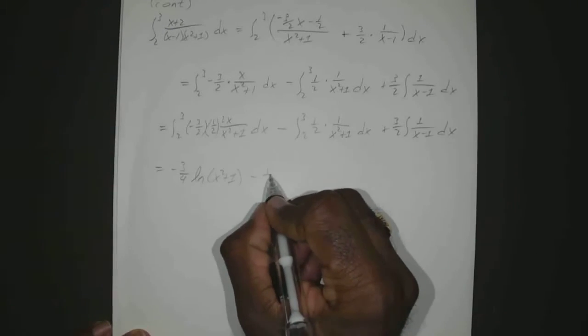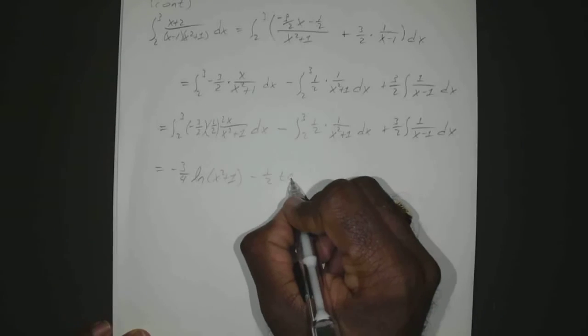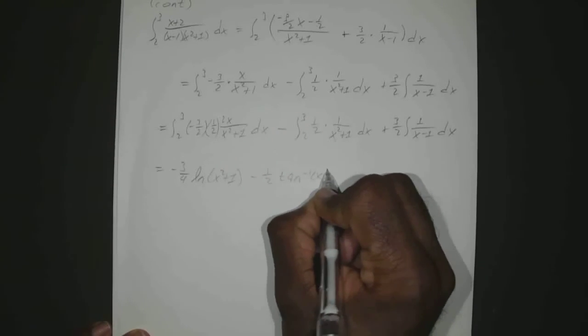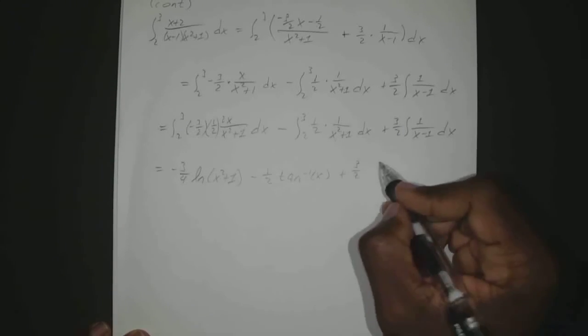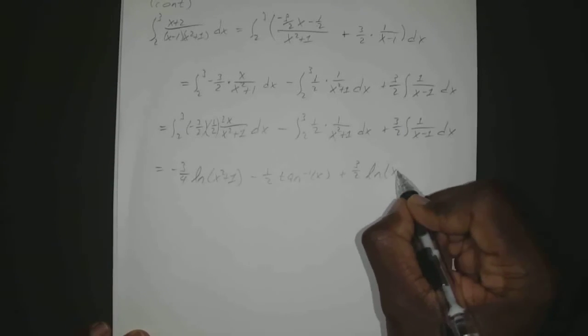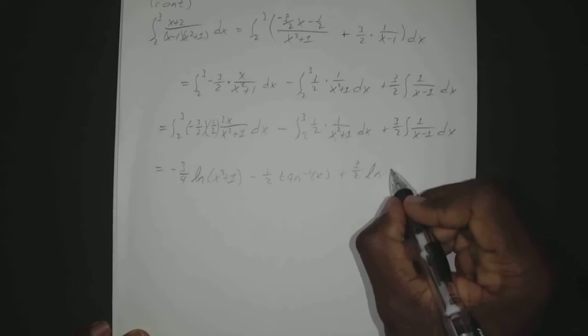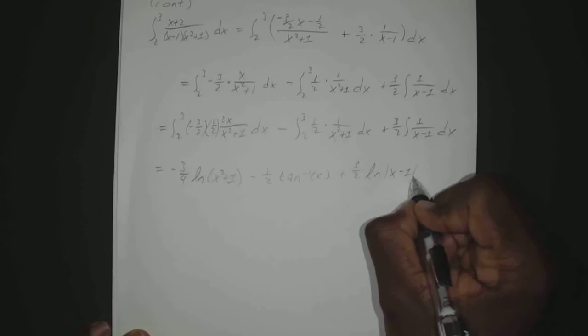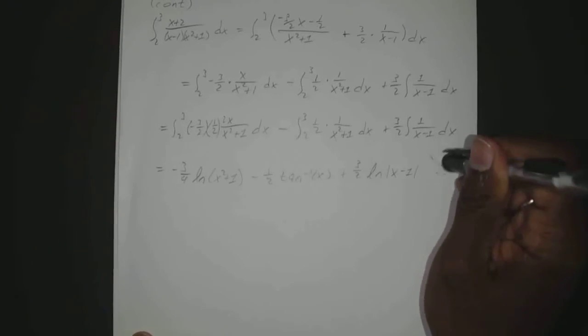Minus 1/2 tangent inverse of x, plus 3 over 2 natural log of absolute value of x minus 1, which you do need the absolute values for. Plus c, oh, not plus c because it's definite.